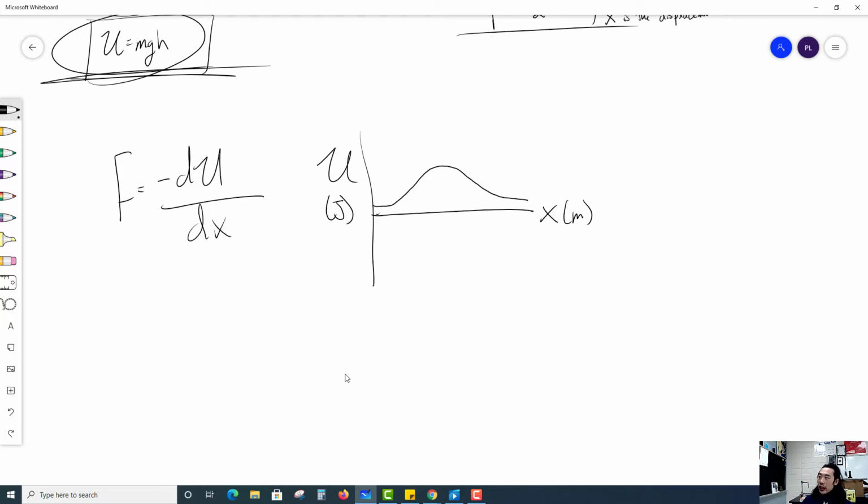It is correct to say that the slope is the force. Okay? The slope is the force, or the negative value of it will be the force of a potential energy versus position type of graph. And so what that tells us is how much force is required to change the potential energy as it moves from one state to another.